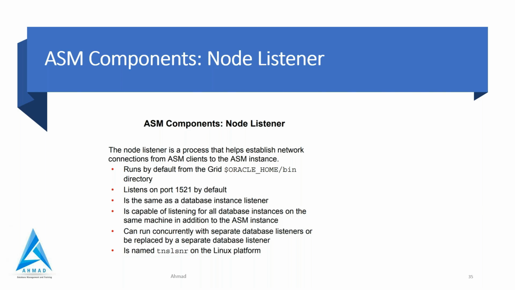This listener is capable of listening for all instances on that machine, including database instances. After ASM installation, a database can provide an additional listener process and a set of configuration files. Then this node listener and a separate database listener can run concurrently on different port numbers, or the node listener can be replaced by a separate database listener.